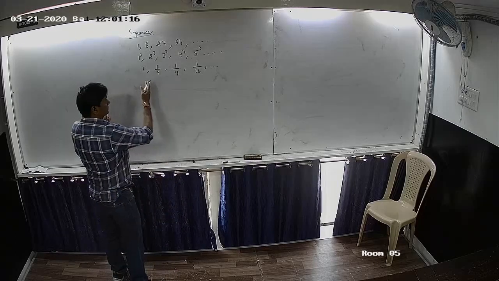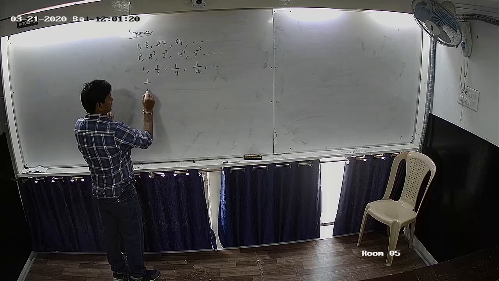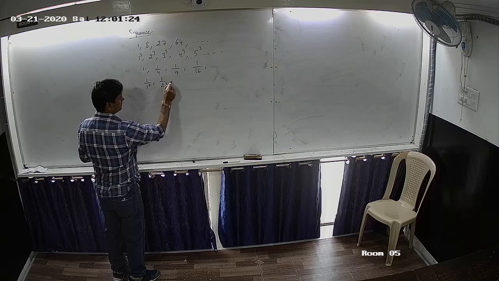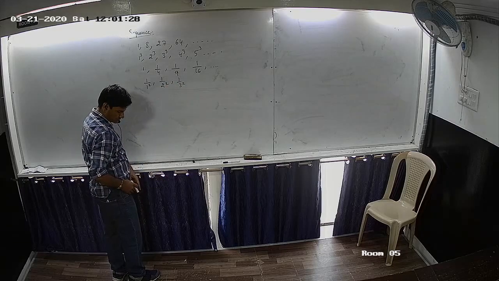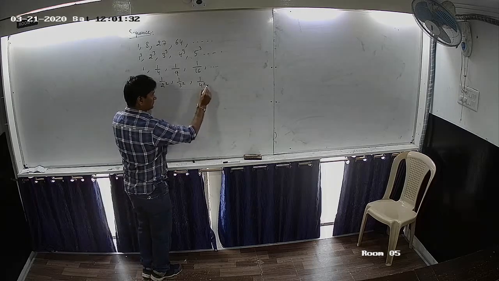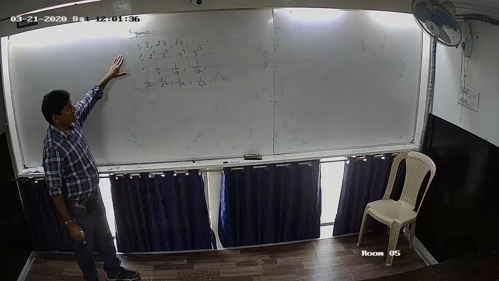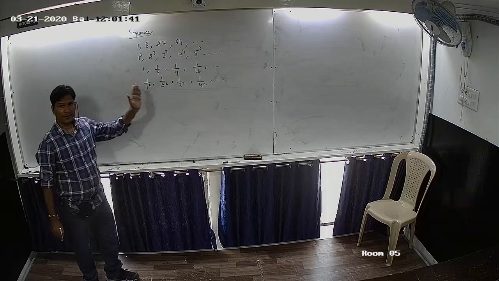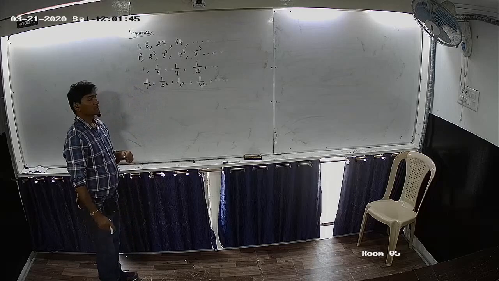So the pattern it follows is 1 upon n square, that is 1 upon 1 square, 1 upon 2 square, 1 upon 3 square, 1 upon 4 square, and so on. Such numbers which follow a pattern or a definite rule are called a sequence.